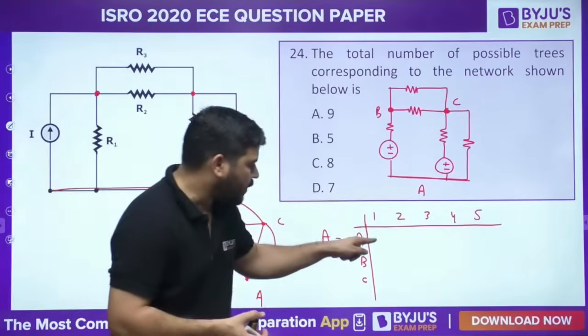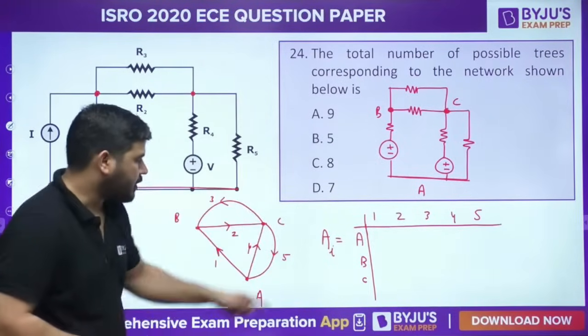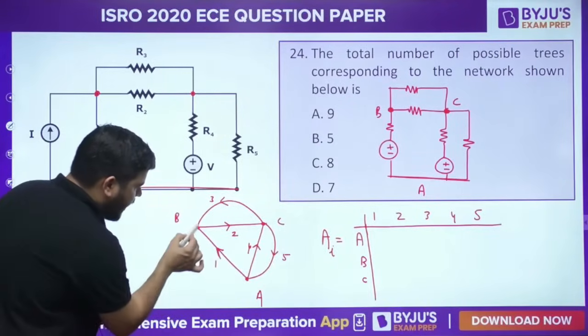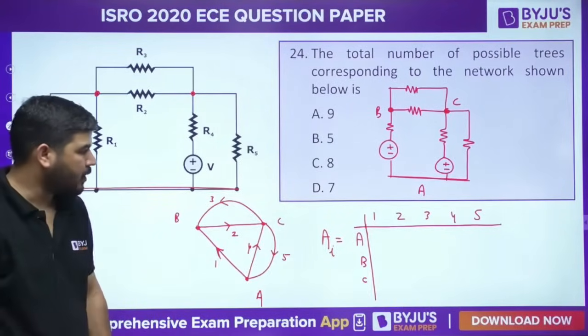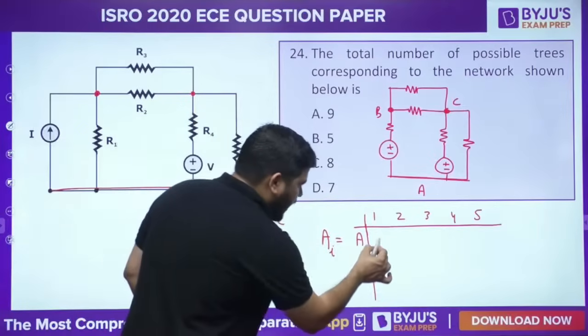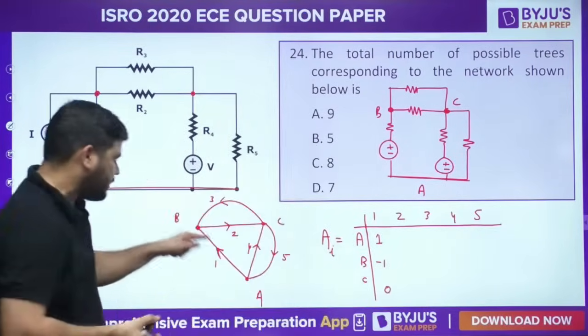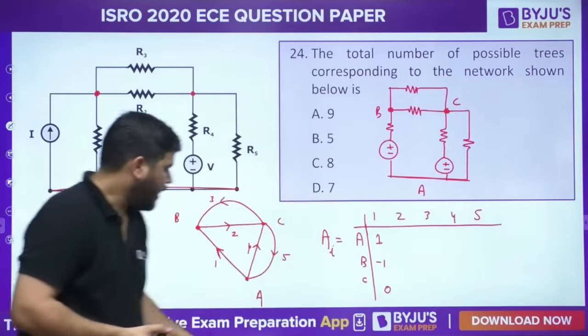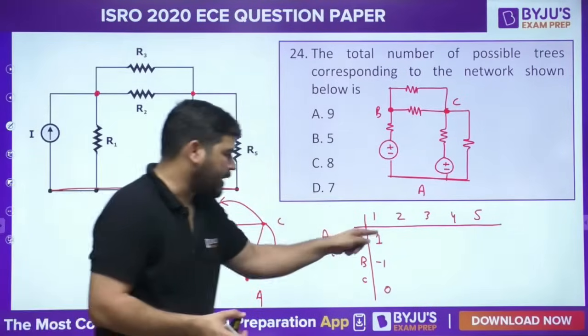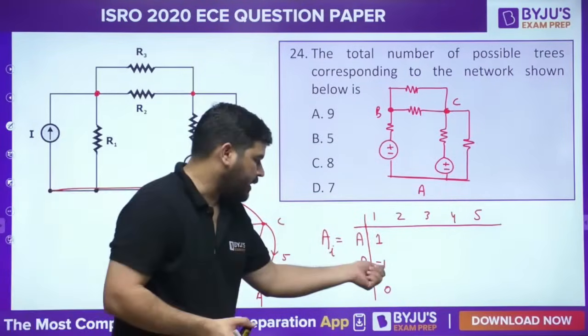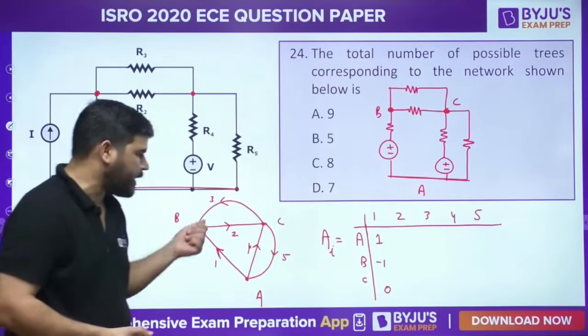Now here I need to put 1 and minus 1. Look, the branch 1 is leaving from A and entering into B. So I have to write 1 here and minus 1 here. Wherever it is entering, put minus 1 there, and wherever it is leaving, put 1 there. So it is leaving from A, so I have put 1 here, and it is entering in B, I have put minus 1 here.